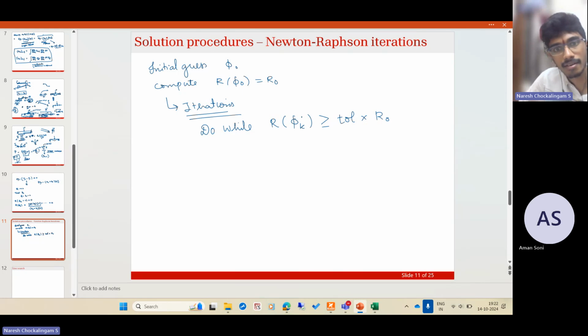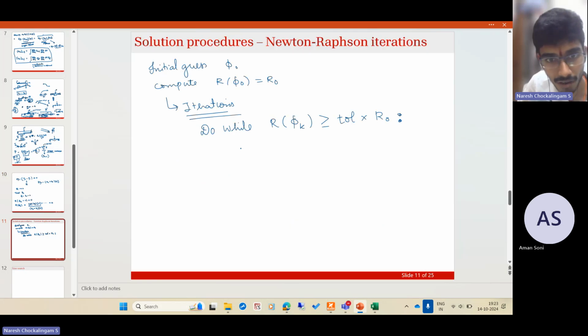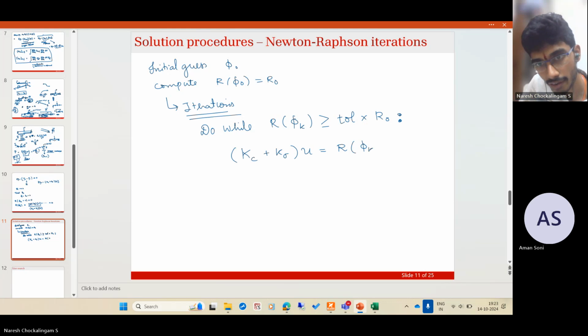So as long as the relative error in the residual, the force residual, is greater than some tolerance, keep doing something. Keep doing what? The equation that we need to solve for is this: solve Kc plus K sigma times u equal to R of phi k.